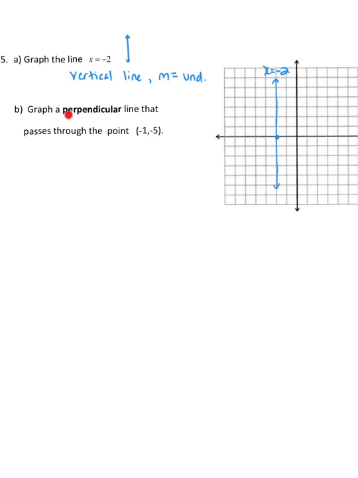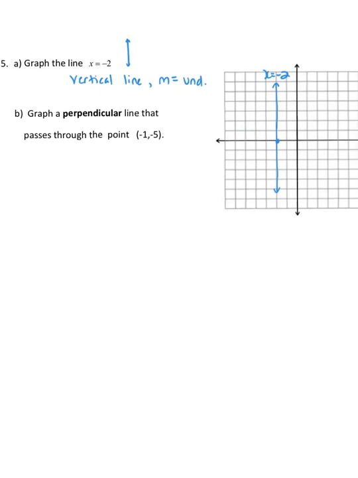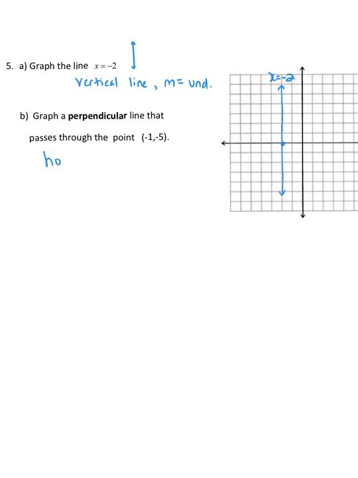In part B, we're asked to graph a perpendicular line that passes through the point -1, -5. So the perpendicular line, to be perpendicular to a vertical line, it must be a horizontal line. So this we know must be horizontal, going this way, and any horizontal line has a slope that is 0.